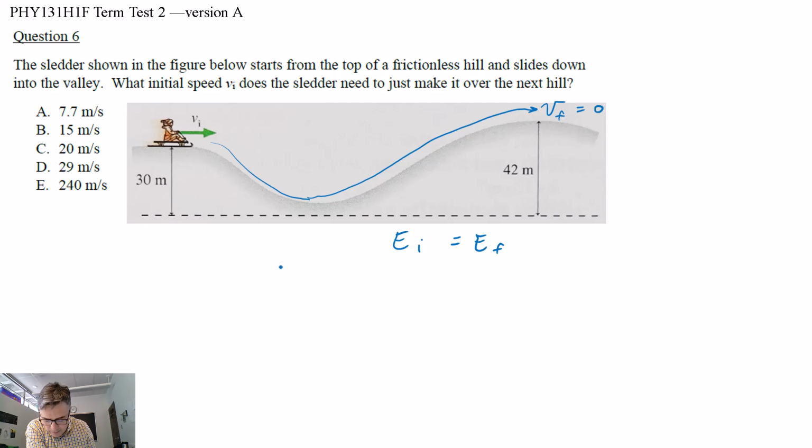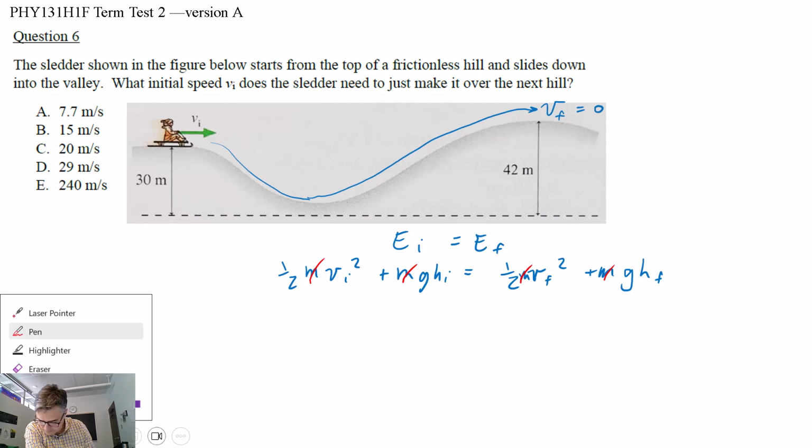So we write that out: 1/2 m v initial squared plus m g h initial equals 1/2 m v final squared plus m g h final. There are m's in all the terms, so cross out the m's. And we're also going to say v final is equal to 0.